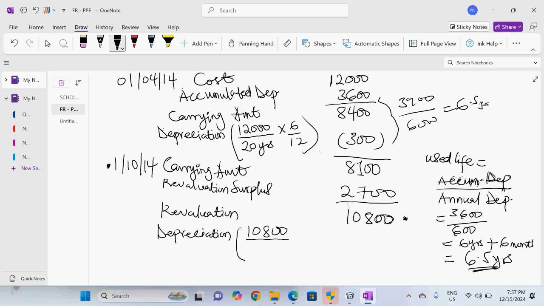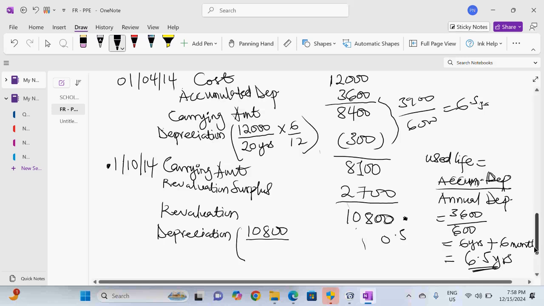You want the depreciation for that as well. 1 year is 1, so half of 1 year is 0.5. So 6 months is equivalent to 0.5 years, and 0.5 plus 6 is 6.5. But this one is also correct.